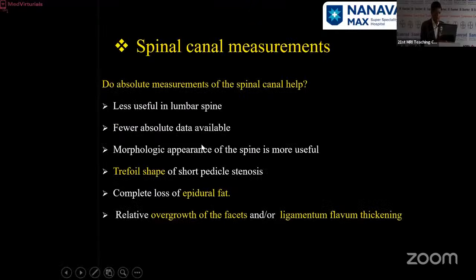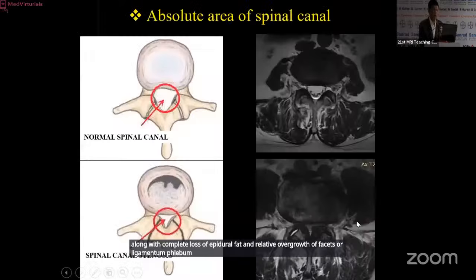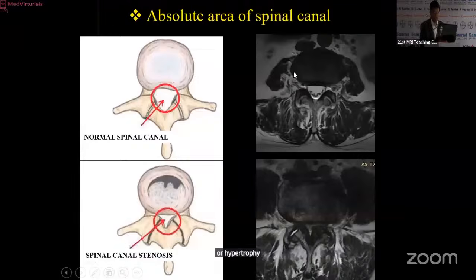What we look at is not absolute canal measurements, but the shape of the canal at this level. So trefoil shape is what you should be looking for, along with complete loss of epidural fat and relative overgrowth of facets or ligamentum flavum, thickening or pseudo-thickening or hypertrophy. If you look at this patient, the canal is nice and round.